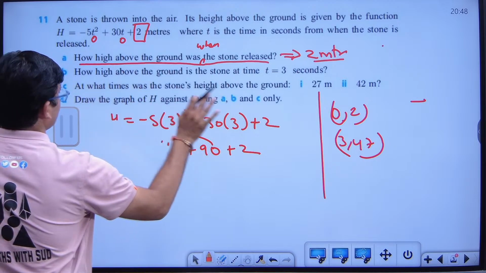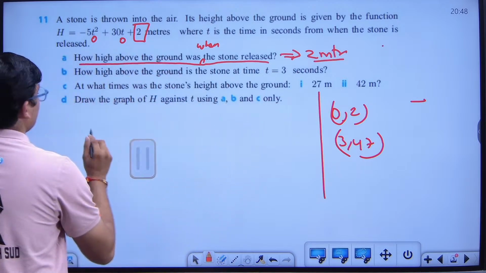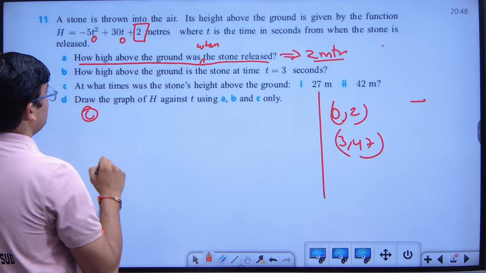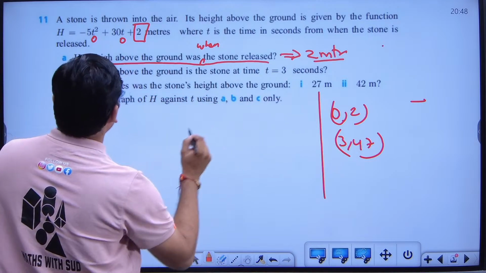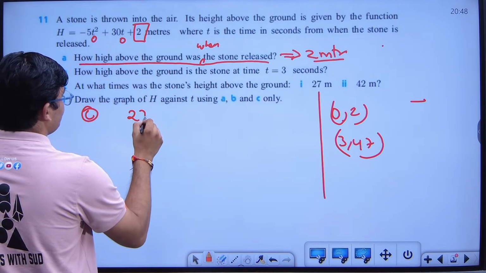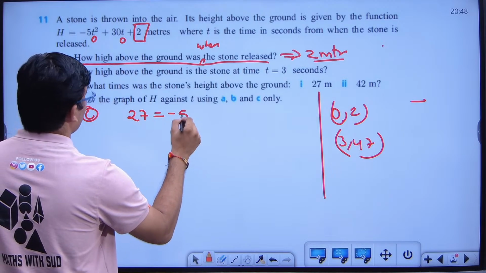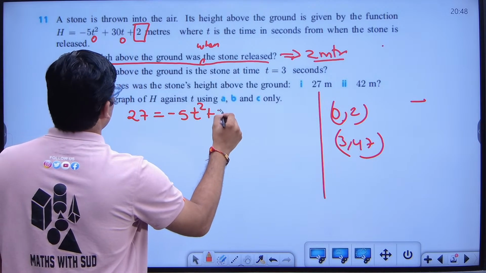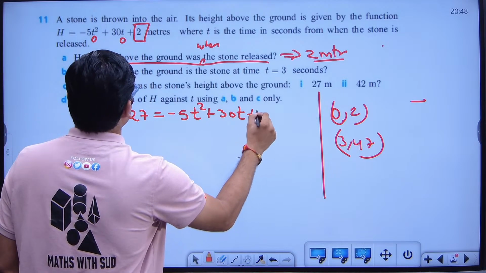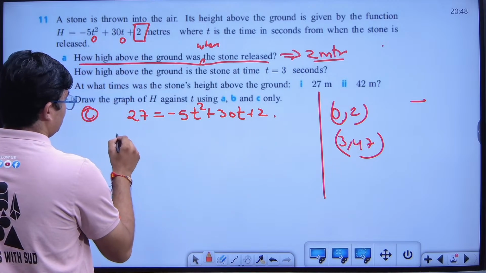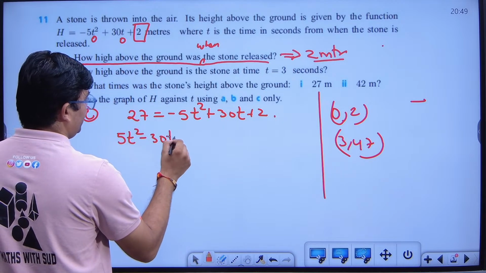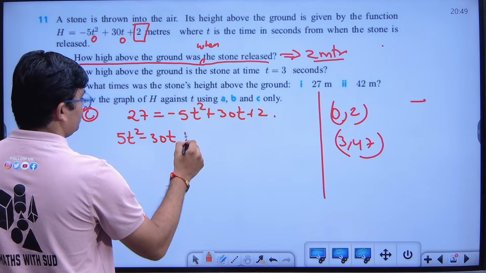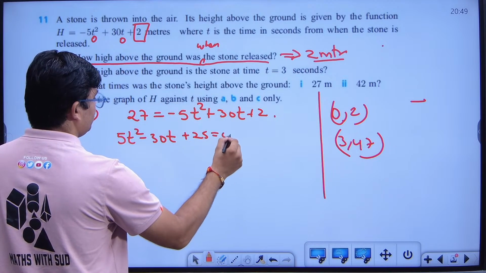Okay. Now I am solving the third question. At what times was the stone's height above the ground 27 meters? So let's write the equation properly. 27 is equal to minus 5t square plus 30t plus 2. So you will write 5t square minus 30t, and 2 will come this side, so you will have plus 25 is equal to 0.